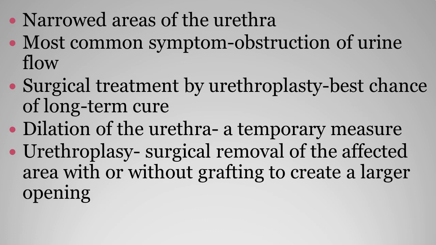It's a great question. It could be an anomaly in the area of the urethra, but a person will notice that it's very hard to urinate, and the severity of the stricture will depend on how much obstruction of urine flow there is.